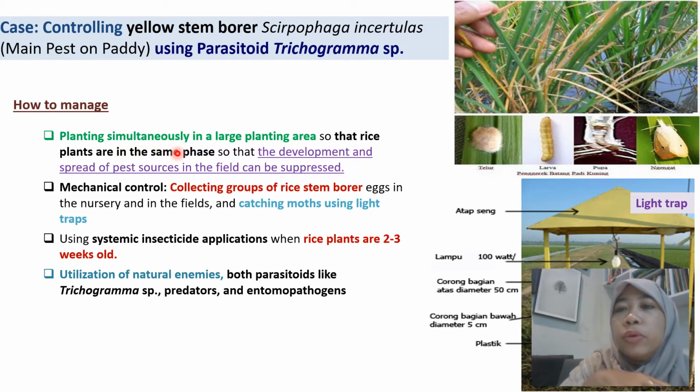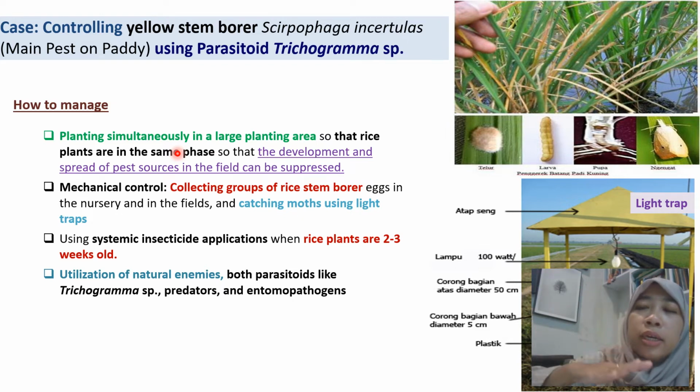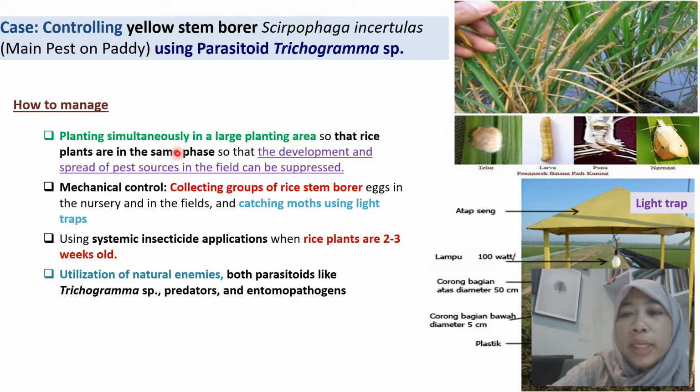While we do planting in unison, in the same time, it will suppress the population of the pest.